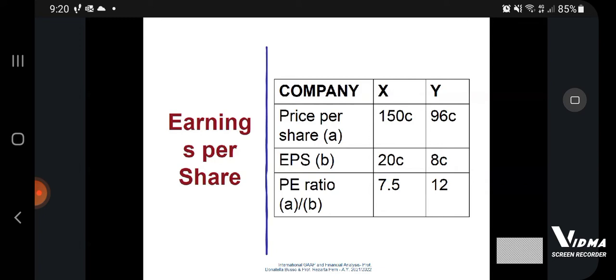Of course, be aware and be very careful how you use the P/E ratio, this indicator, because earnings per share are a very accurate and correct ratio. It is calculated based on an accounting standard, IAS 33, but the price per share is not. It is subject to different actions on behalf of the company and on behalf of investors.